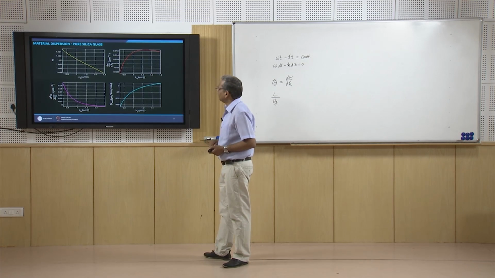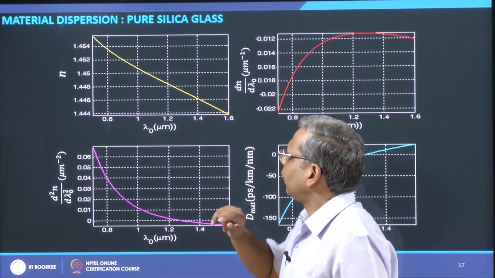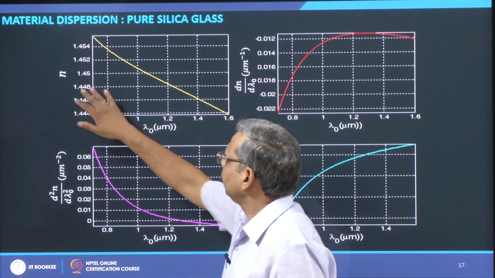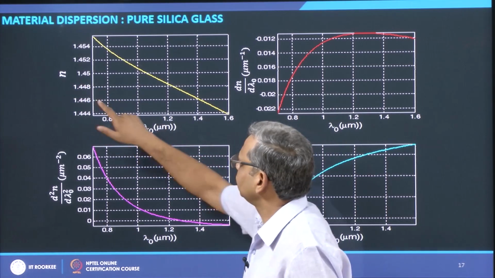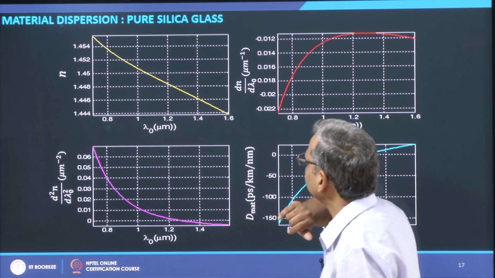So, now what I do, I find out the variation of n with respect to lambda. I plot the variation of n with respect to lambda of fused silica glass, and it looks like this.